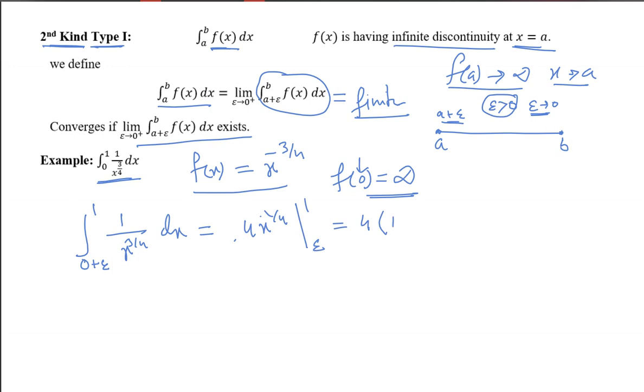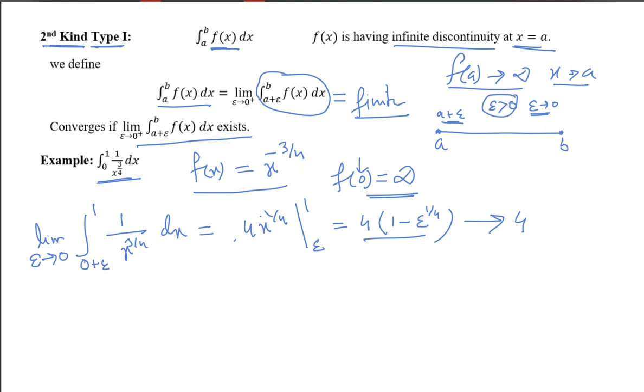That means 4 into 1 minus epsilon to the power 1 by 4. Now take the limit epsilon tends to 0. If you take epsilon tends to 0, this value is tending to 4 as epsilon tends to 0.